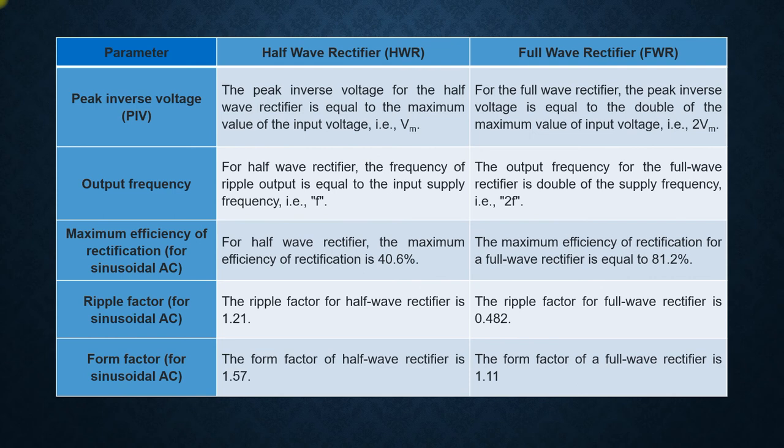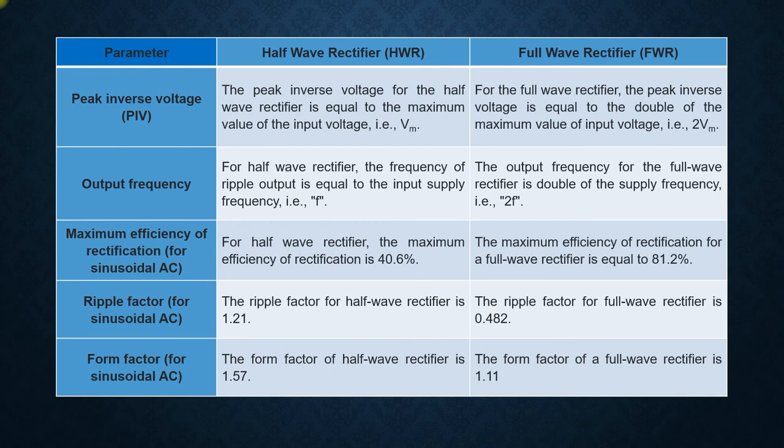Coming to the maximum efficiency of rectification for sinusoidal AC: for a half wave rectifier it is 40.6% only, and for a full wave rectifier it is just double that, 81.2%. Coming to ripple factor, it is 1.21 for a half wave rectifier and 0.482 for a full wave rectifier.